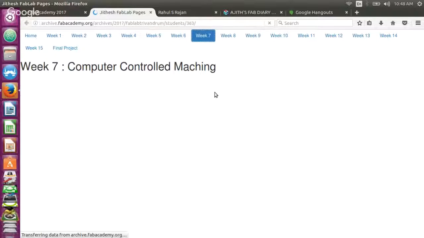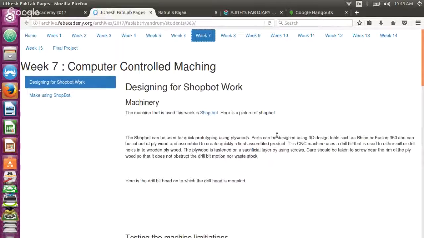It will come after some time. First thing you have to do is load the cache. Basically, it's loading the images for all the weeks, so I have to change that.